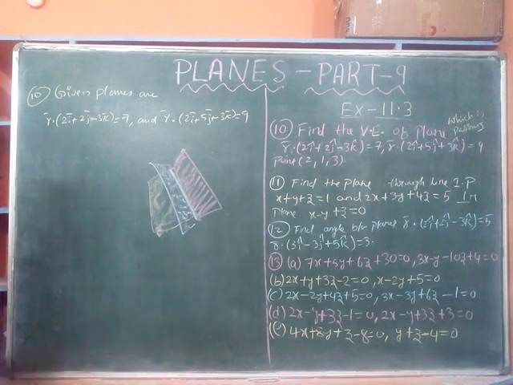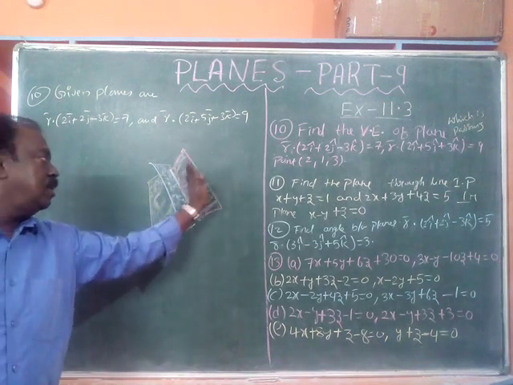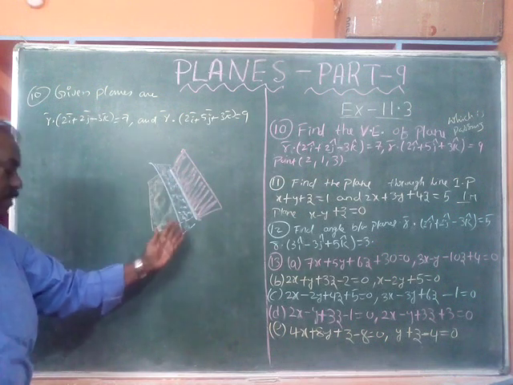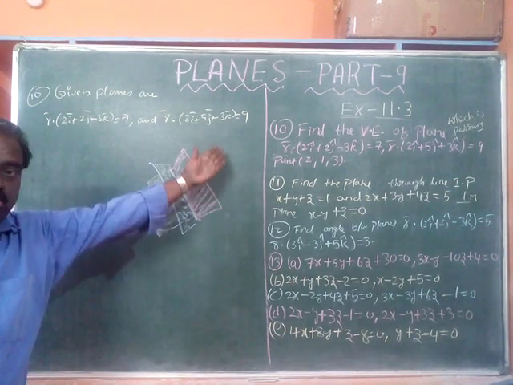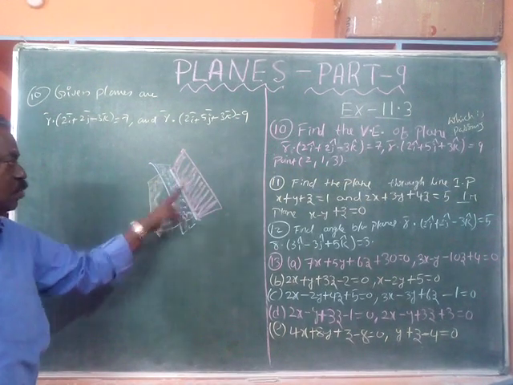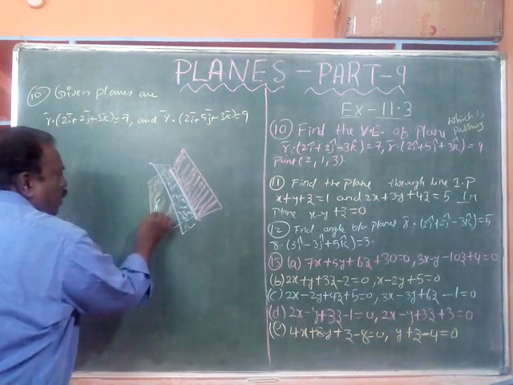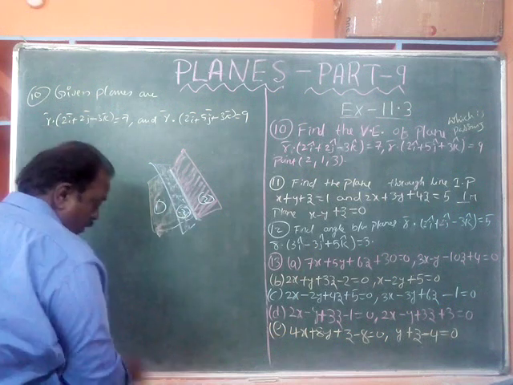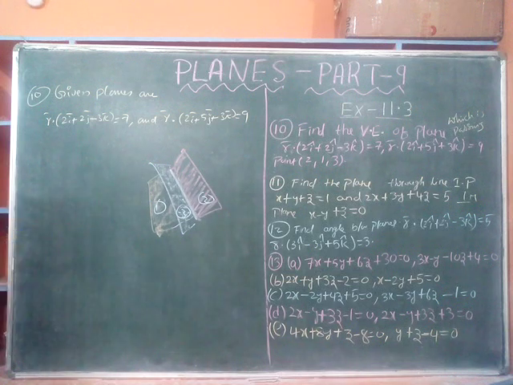The yellow color is one plane, the rose color is another plane, and through the line of intersection the blue color plane is passing. It is plane 1, plane 2, and plane 3. We need to find the equation of that blue plane.